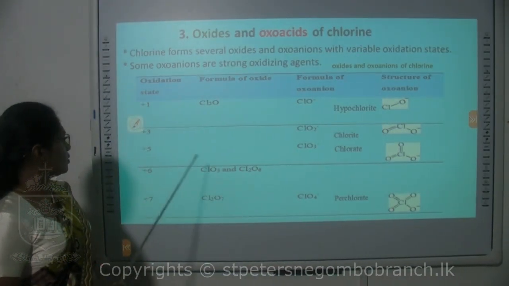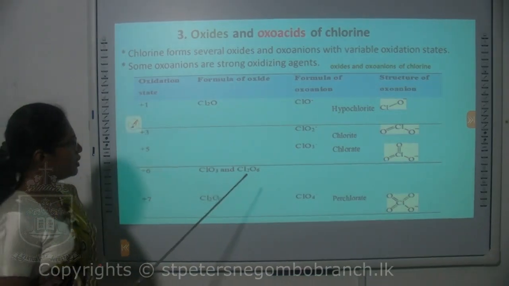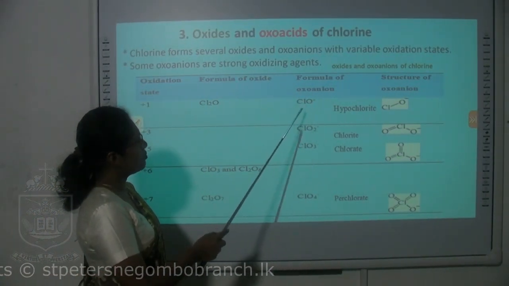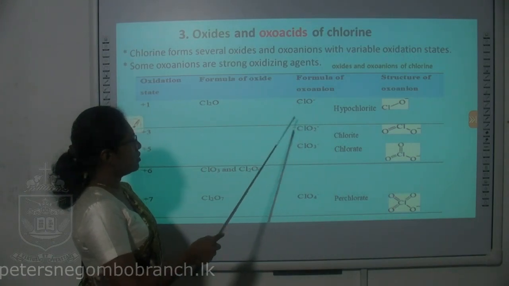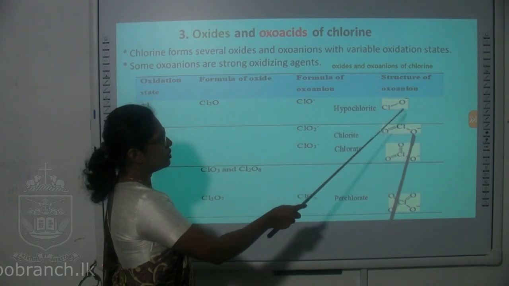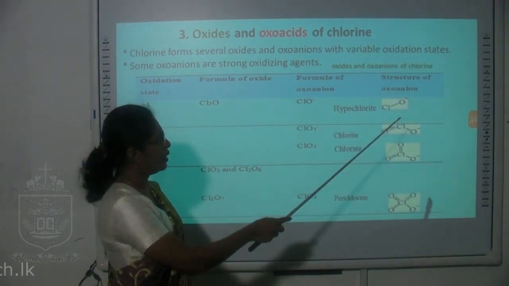If we look carefully, you can see here the formula of the ion of that oxide and the structure of that oxo anion.